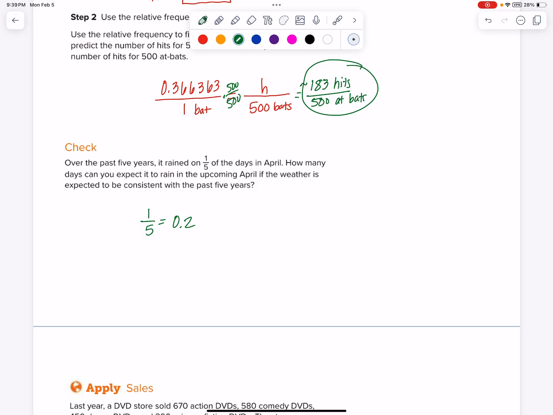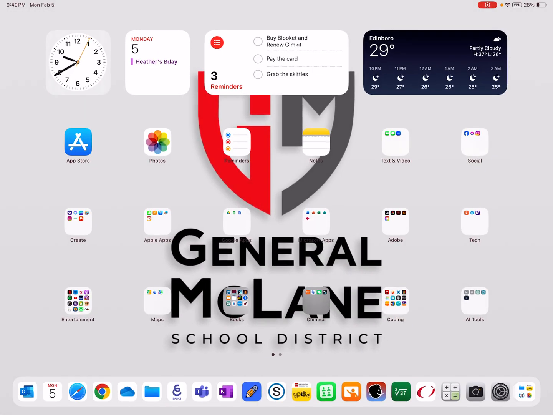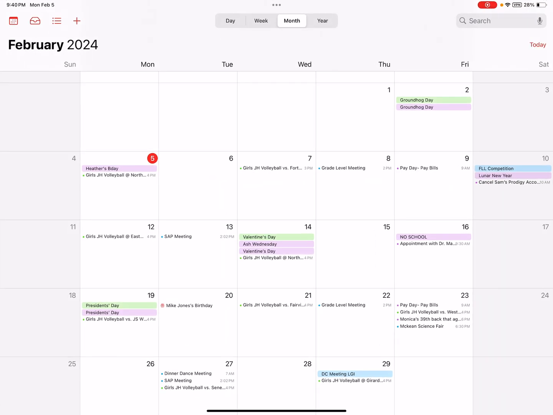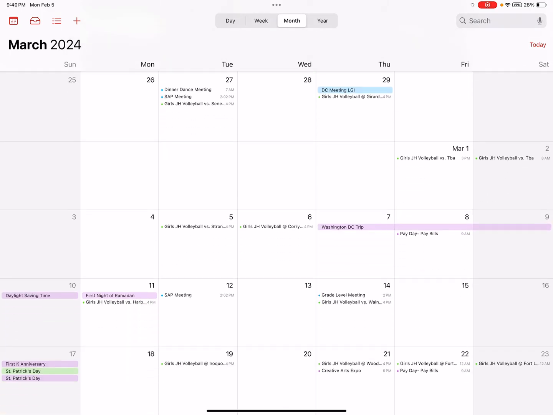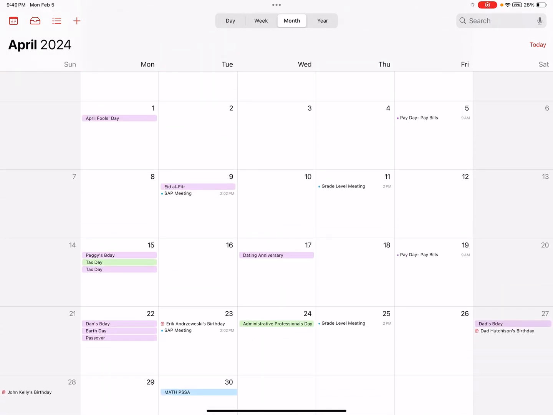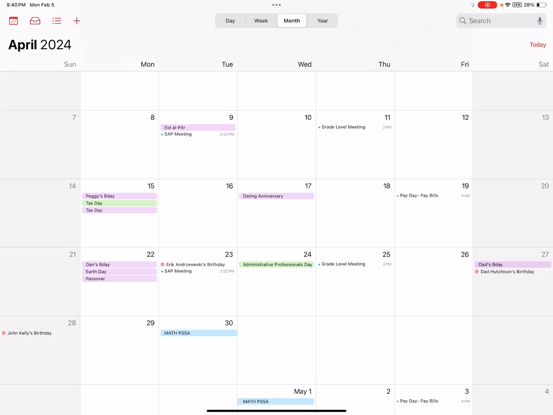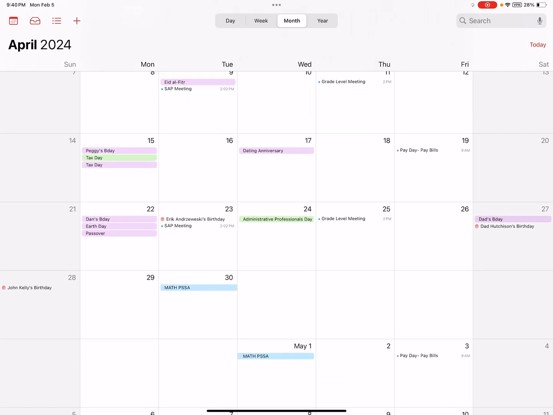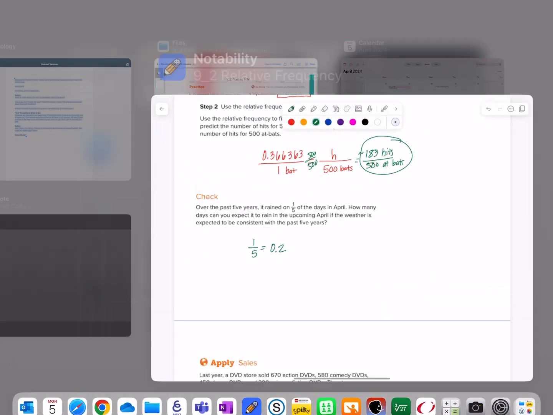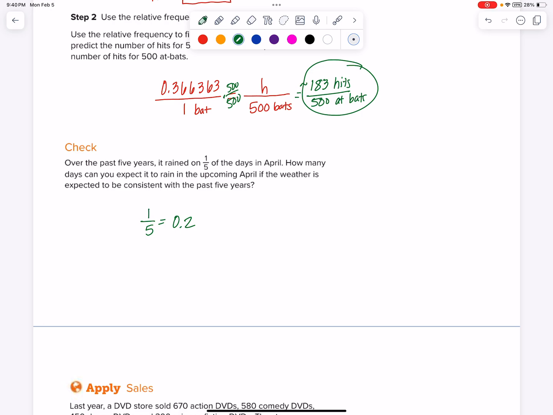So it says in the next month of April, how many days would you expect it to rain? Let's look at the calendar. Let's go to April here, March, April. All right, and we can see that there are 30 days in April. So here's what we know: it rained in 1 out of the 5 days.